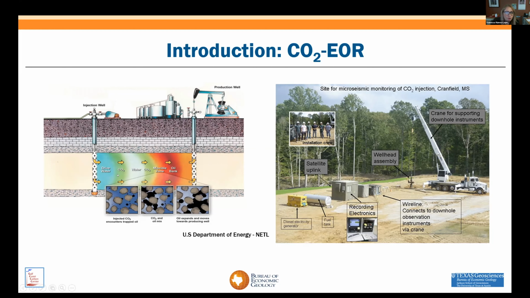So to avoid that uneven displacement that will affect the performance of the flood, it is injected also with water. And so it produces a more uniform displacement front. So you can see here the CO2 alternating with water plugs, and that phase is displaced towards a producing well.